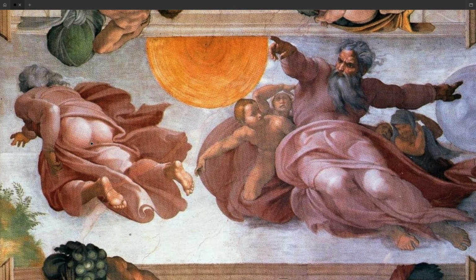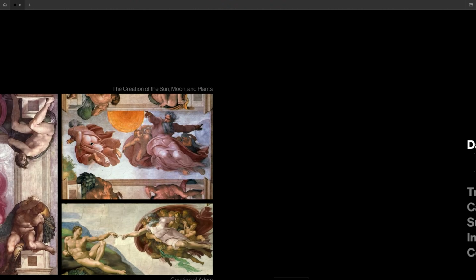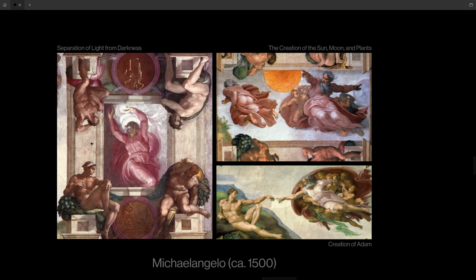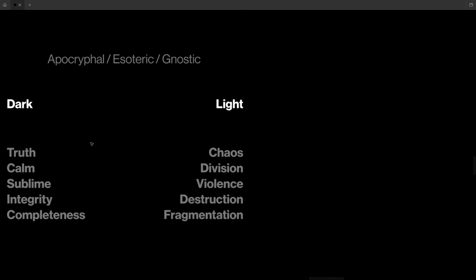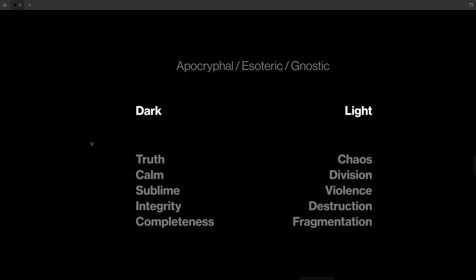Why would you draw God in this way? In the Vatican, of all places. What is the story being told here? What does this symbolize? What these images symbolize is the Gnostic story. The Gnostics are a particular secret society, or a sect of underground alternative branch of Christianity in a way.